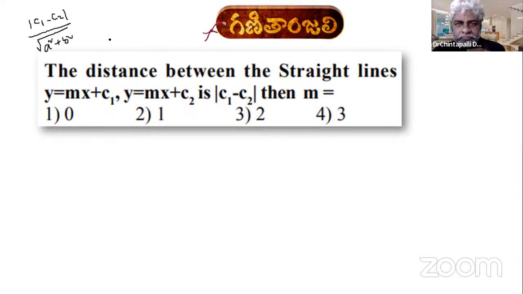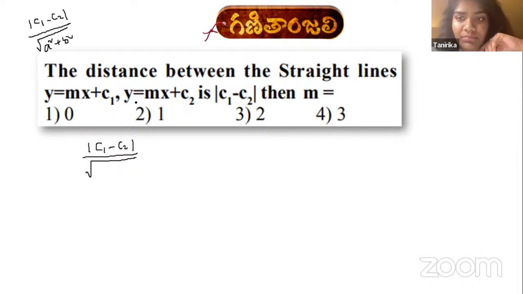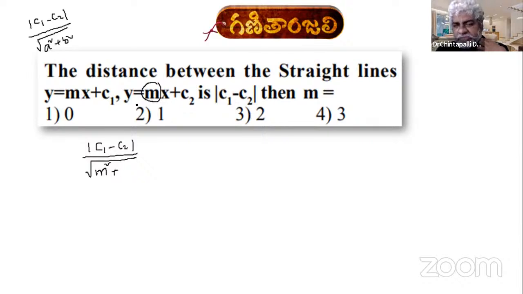So mod of c1 minus c2, that is c1 minus c2, by the square root of a square plus b square, right? Yes, sir. A square means x coefficient squared, that is m square. Plus b square means y coefficient squared. What is the y coefficient actually?